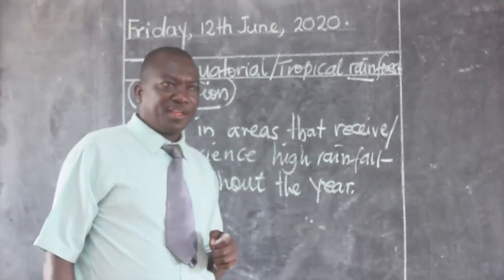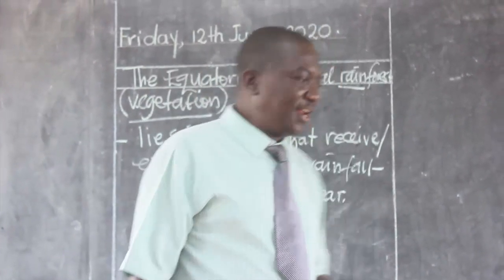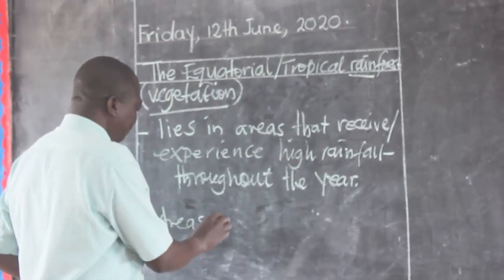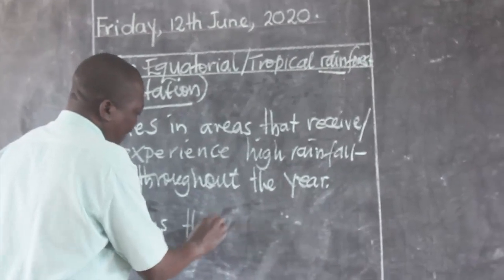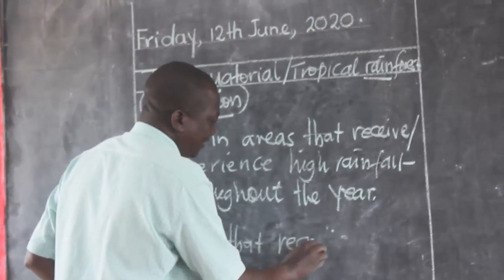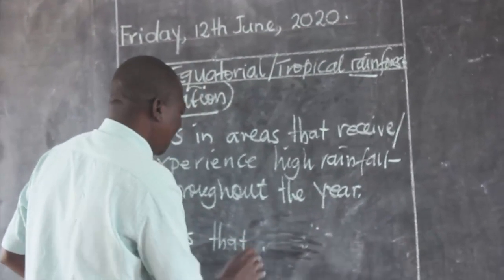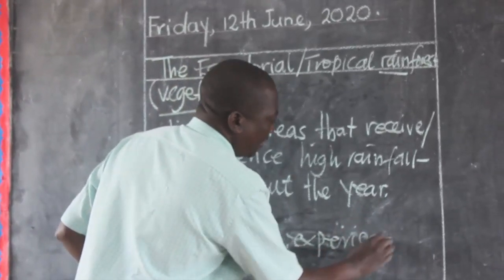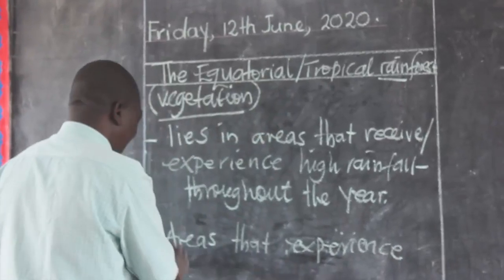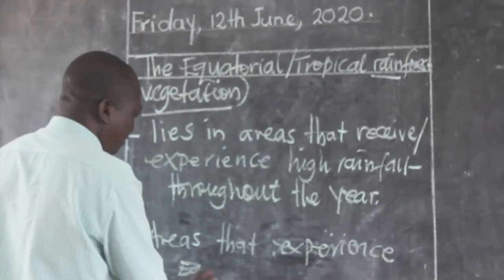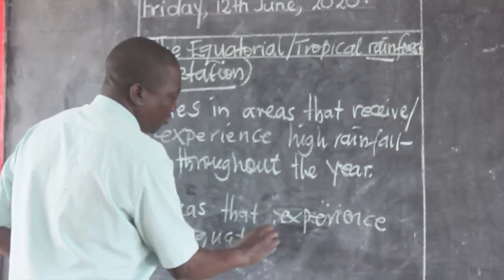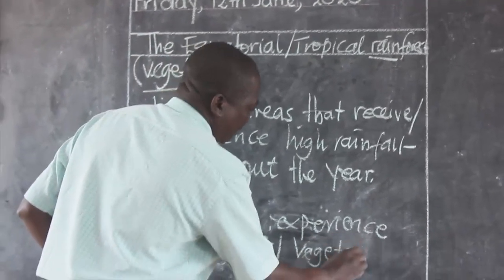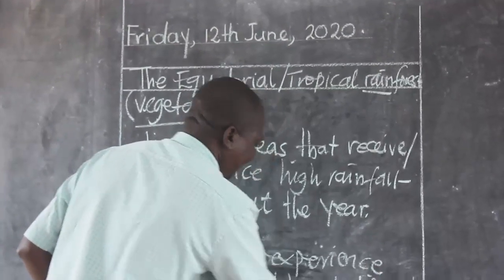We shall begin with our place or our country, Uganda, where we know that these areas that receive, experience the equatorial vegetation, or where it exists.